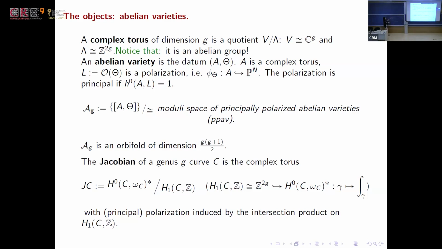It is principal because the intersection of this with this is precisely this point, so it's 1. Here we have the intersection of these two, which is 1, while these do not intersect, so the intersection is 0. This is the way to produce a polarization on the Jacobian. So a Jacobian is a principally polarized abelian variety.